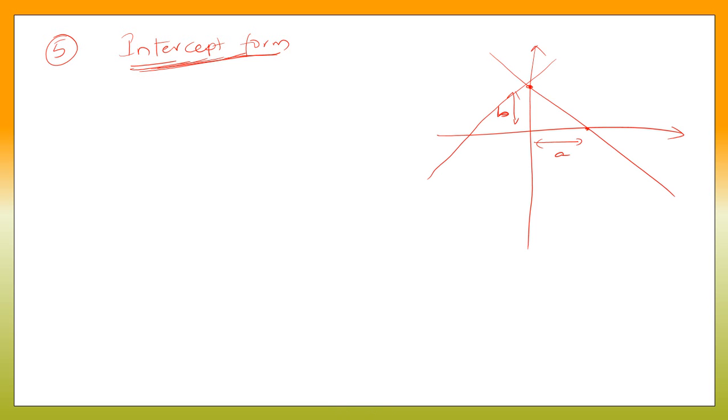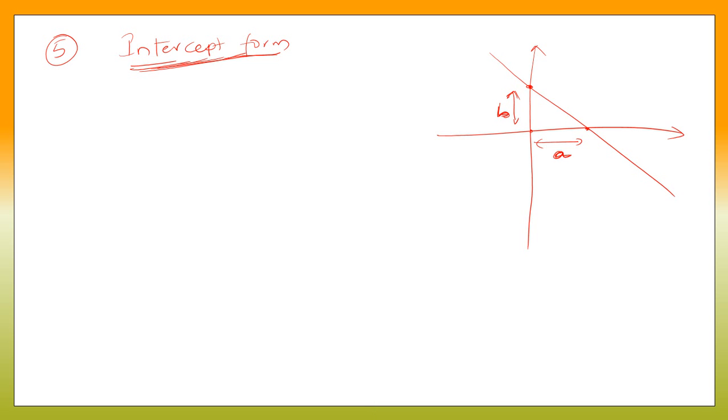Sometimes it may cut like this, or in the 3rd quadrant, or in the 4th quadrant also. For our convenience, to explain one example, we are considering the 1st quadrant, right? If this distance is a, it is what we call the x intercept, and this distance we call the y intercept, right?